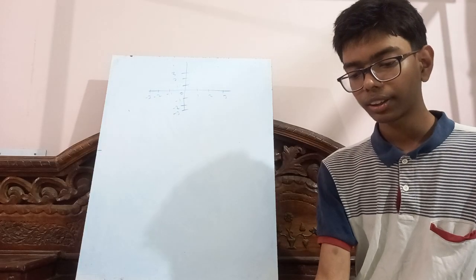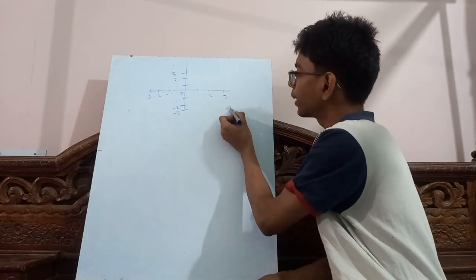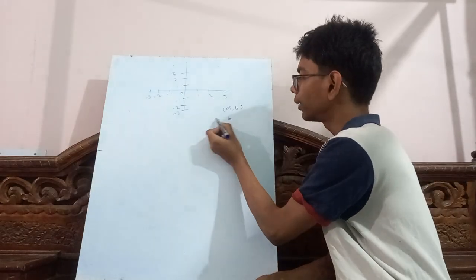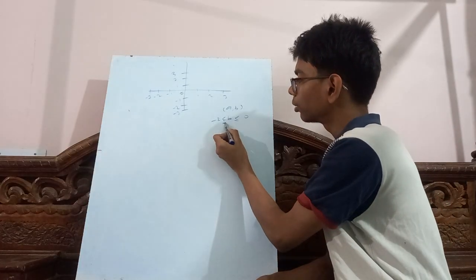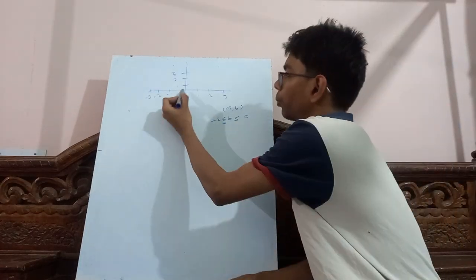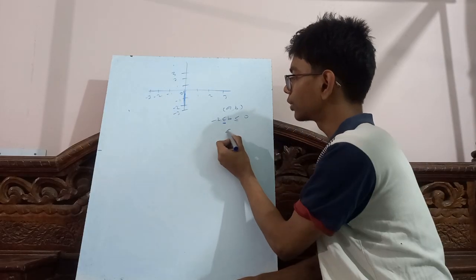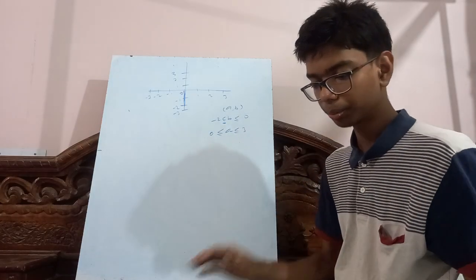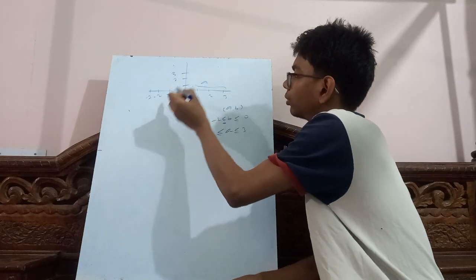Now my question is, suppose there are points a, b to be selected, right? b is from minus 2 to 0, where 0 is included and minus 2 is included. Suppose this is b, and a is from 0 to 3. This is here a, right?